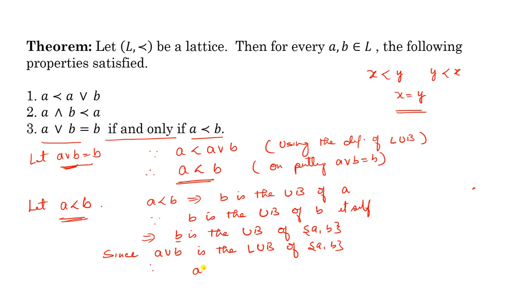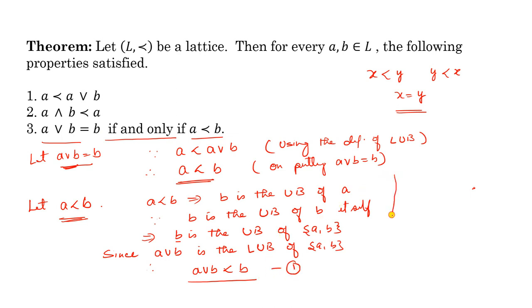Therefore you can write A ∨ B precedes B, because this is the least upper bound and this is an upper bound. Now we have shown A ∨ B precedes B. So this is the first part, question number 1.